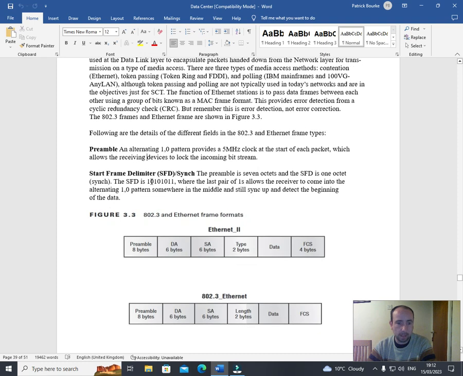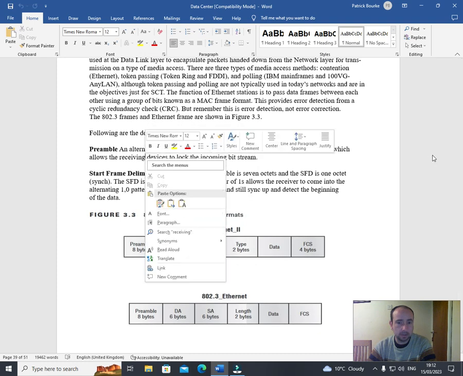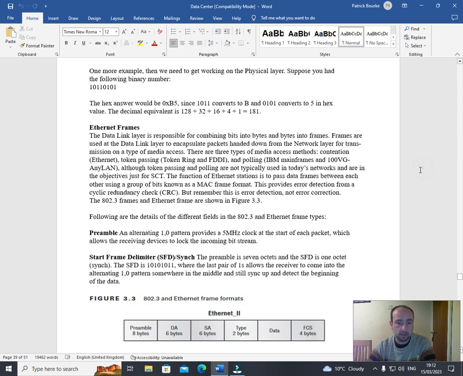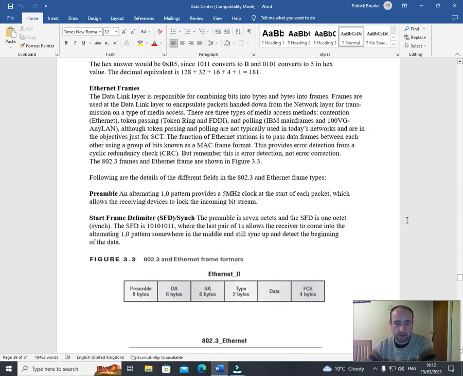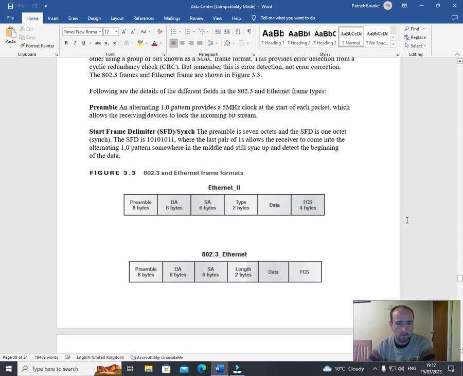Following are the details of the different fields in the 802.3 Ethernet frame types. Preamble: an alternating 1-0 pattern provides a 5 MHz clock at the start of each packet, which allows the receiving devices to lock onto the incoming bit stream.